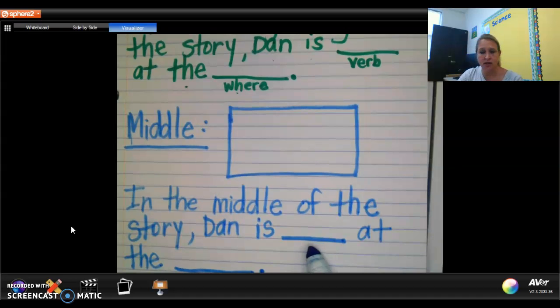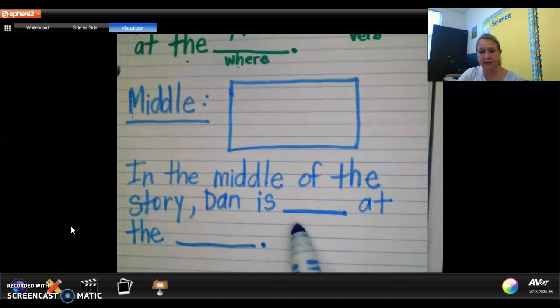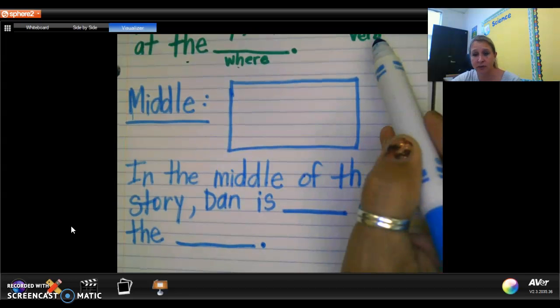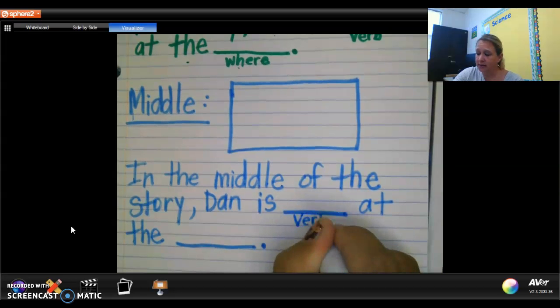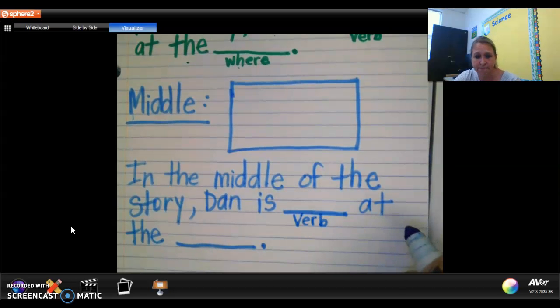Now, what do you think I want you to write in this first blank? That's right. I want you to write another action verb like you did for the beginning setting. So what is Dan doing in the middle of the story? What is he doing in the middle setting?